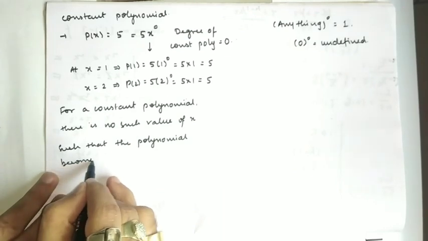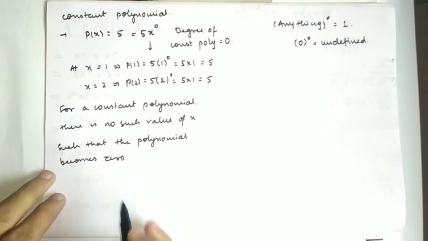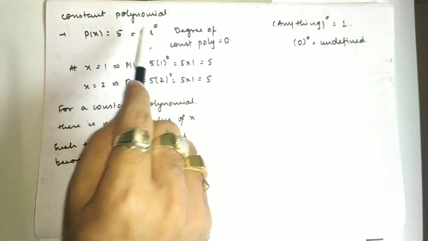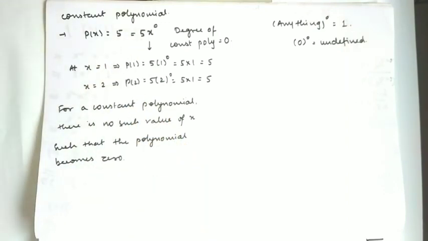In simple language, there is no value of x which I can put in and get 0. There is no such value of x such that the polynomial becomes 0. Are you getting me? Correct. This is all about the constant polynomial.